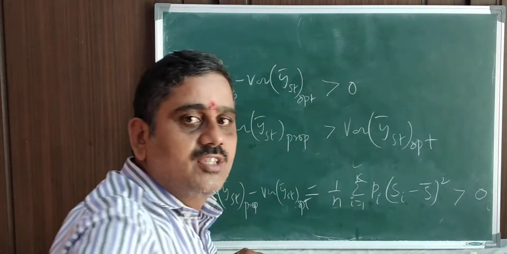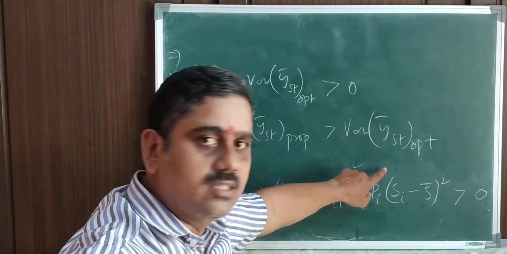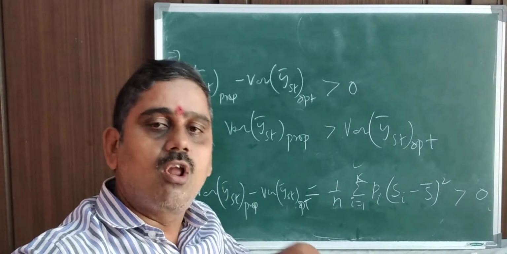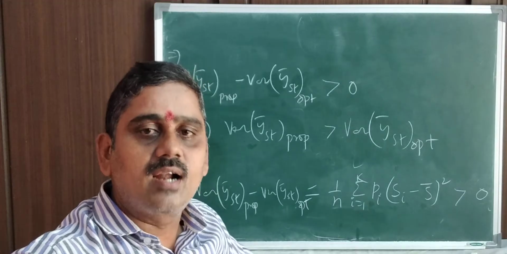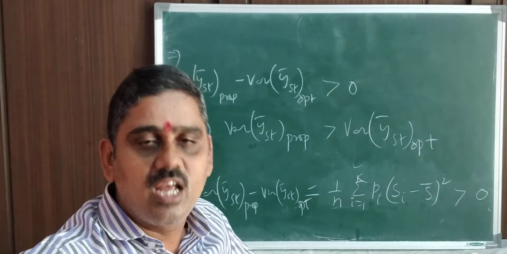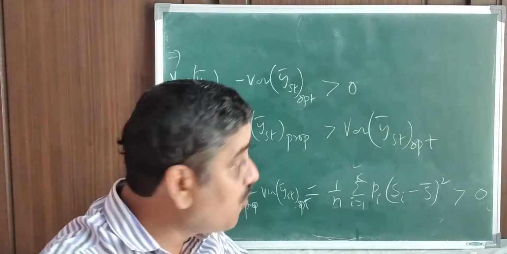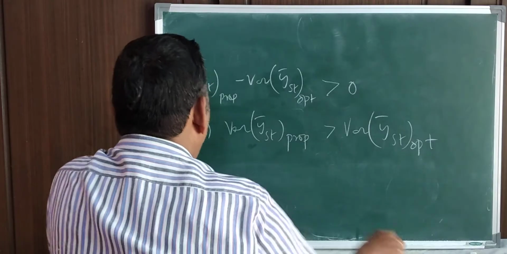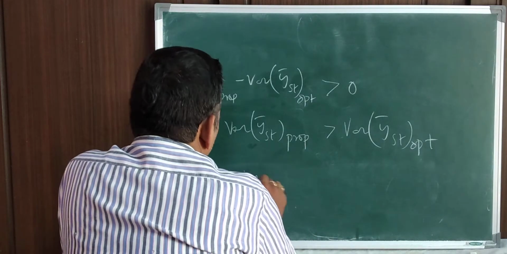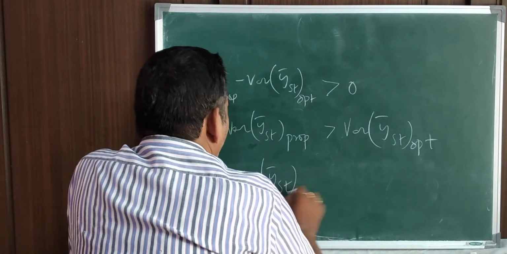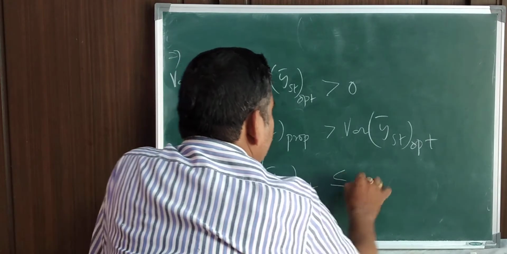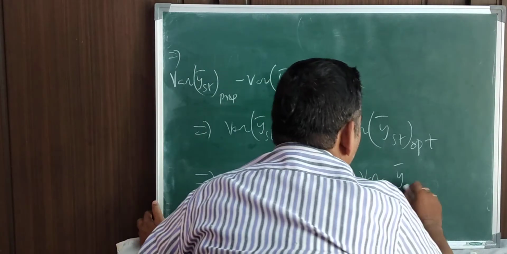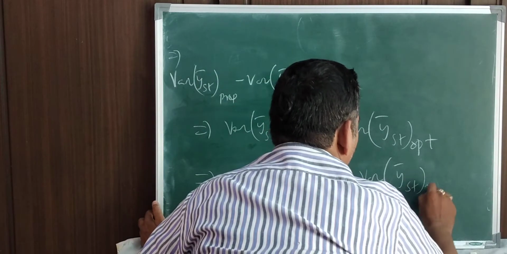We have to show it in another fashion. This is greater than this, that is variance of y bar st in the proportional allocation is always greater than variance of y bar st in optimum allocation. Therefore we can state that variance of y bar st optimum allocation is always less than or equal to variance of y bar st proportional allocation.